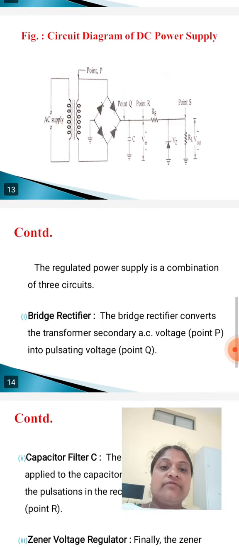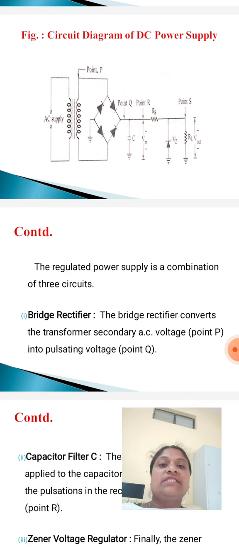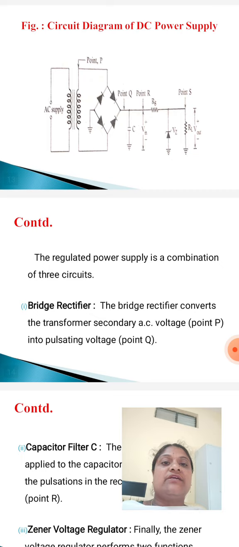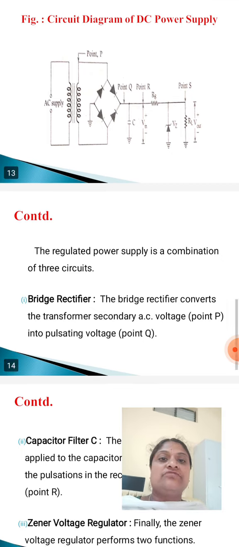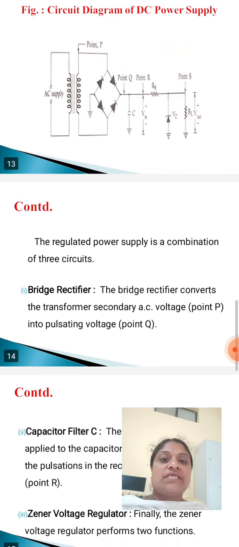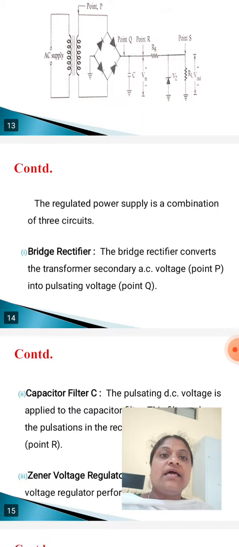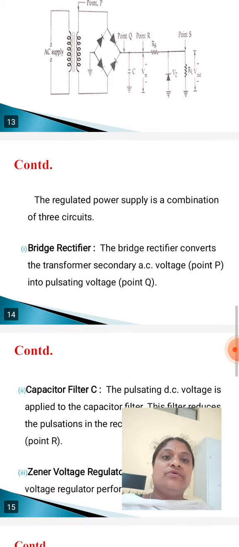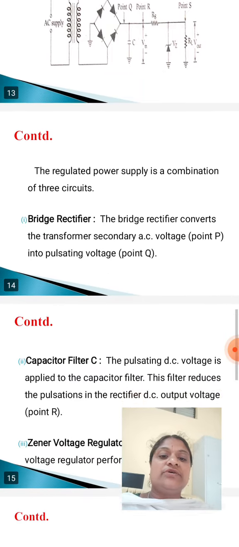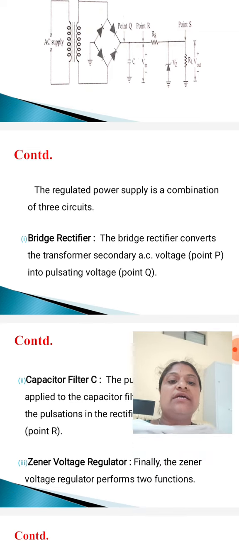The regulated power supply is a combination of three circuits. This circuit diagram consists of three circuits. One is the bridge rectifier, the second is the capacitor filter, C, and the third is the Zener diode. Observe this Zener diode. The Zener diode is nothing but a Zener voltage regulator.